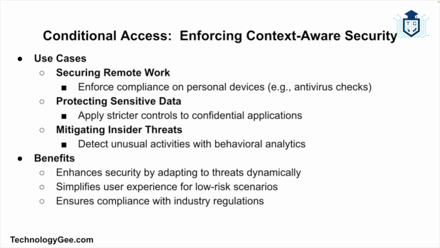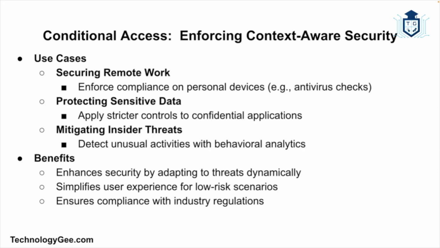Some of the use cases for conditional access are as follows. It secures remote work. It ensures that users accessing corporate resources from personal devices meet security requirements such as up-to-date antivirus software. It protects sensitive data. It enforces stricter controls for applications containing confidential information, and it mitigates insider threats.